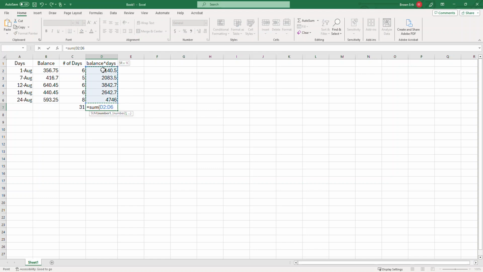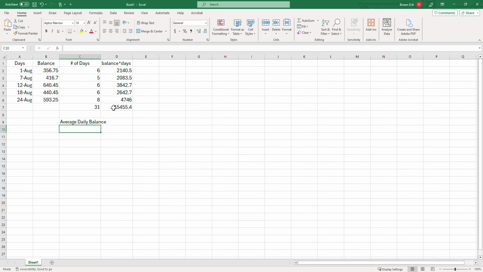Sum, and that is the sum of all the days times balance. What we then want to do is get the average daily balance. And to do that, we're going to divide this days times dollars amount here that we've got by the number of days in the month.